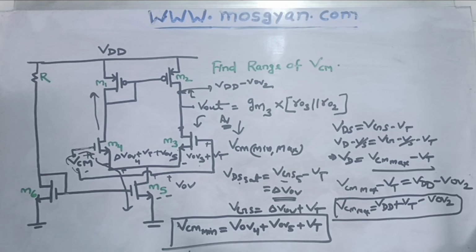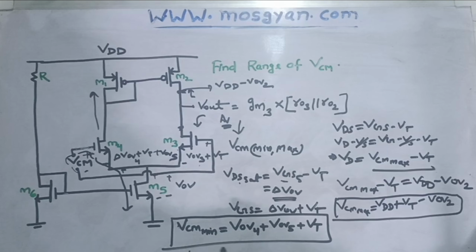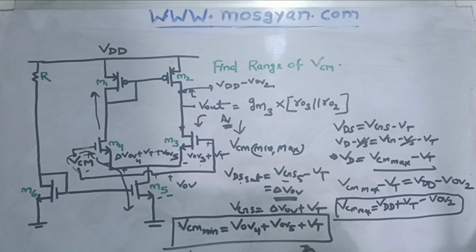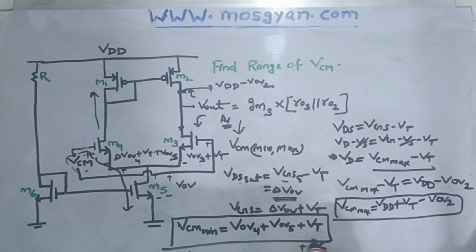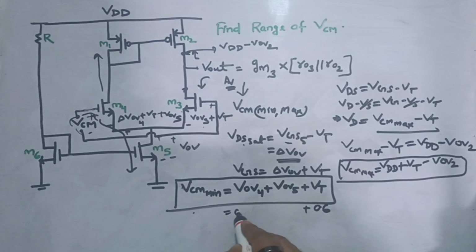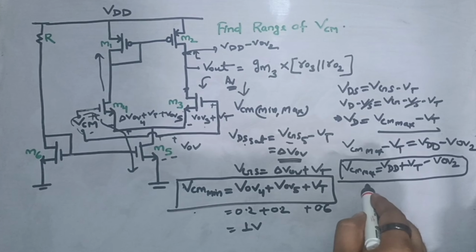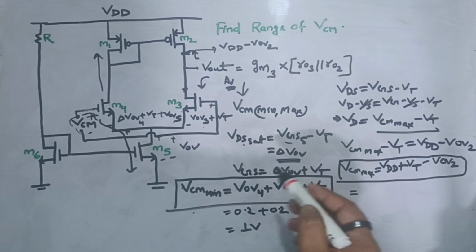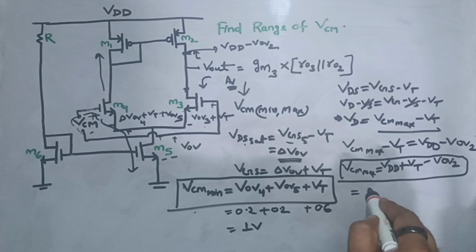Now just to explain the significance of this value, why it is very important in analog design, let's consider the threshold voltage of MOS is 600 millivolt. Gate overdrive for all the MOSFETs, let's calculate as 0.2 volt, 200 millivolt. So you will see VCM minimum is 1 volt, and if I talk about VCM max, VDD let's consider as 2 volt.